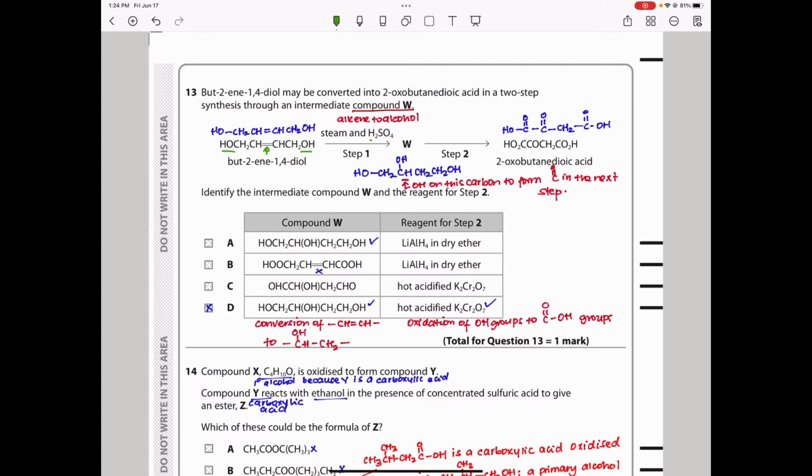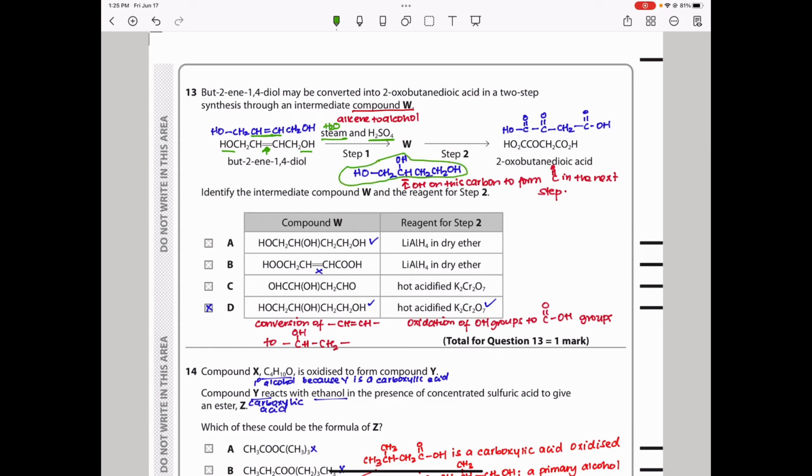When you use an acid and steam, this is water, introducing gaseous water, it means we are trying to hydrolyze. This is basically hydration, and the alkene is going to be converted into an alcohol. So on this part here, one of them will gain a hydrogen and one will gain OH, meaning we get an alcohol on that side. And so W is going to look like this.